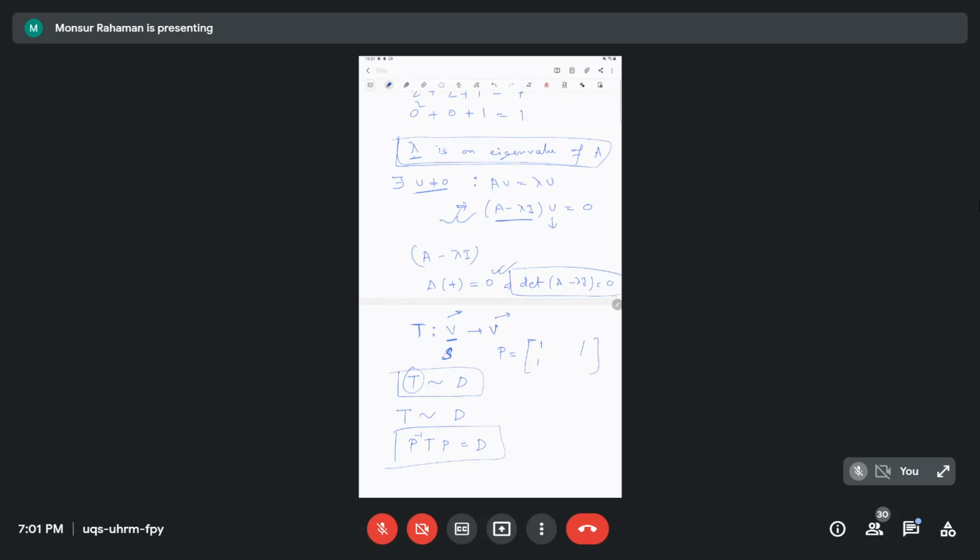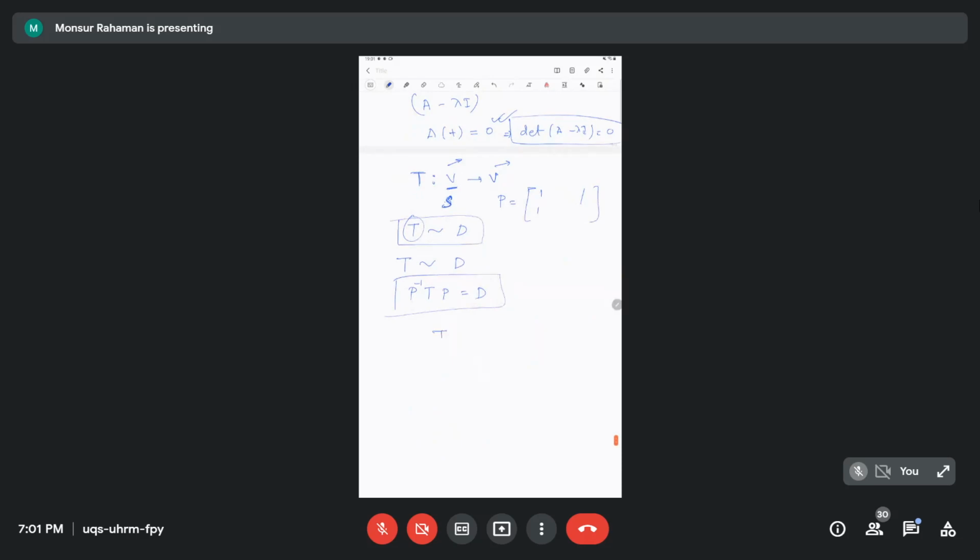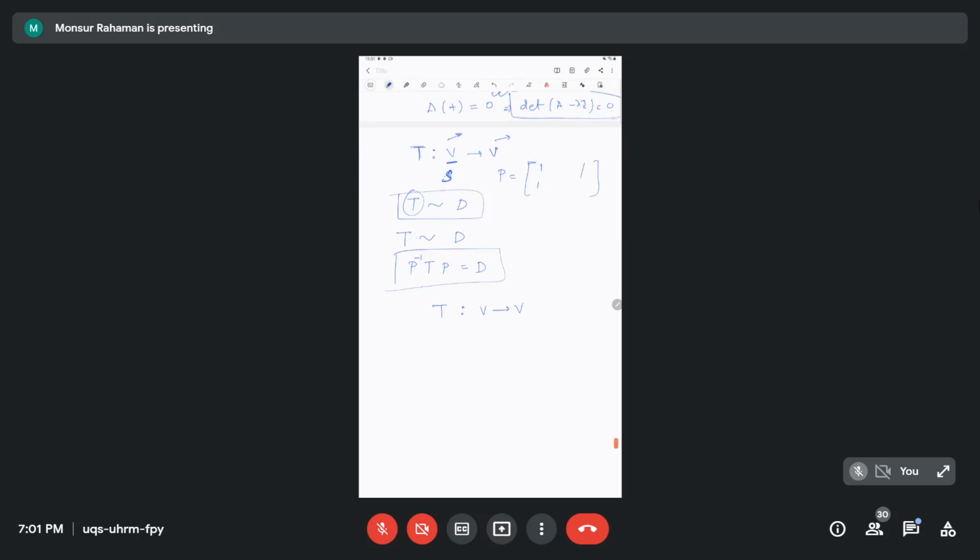I'm repeating this one. If T is a linear transformation from one vector space to another, I've already told you that this is nothing but a matrix. Any matrix of m by n, if I am given this matrix A, you can say this is a linear transformation from R^n to R^m.